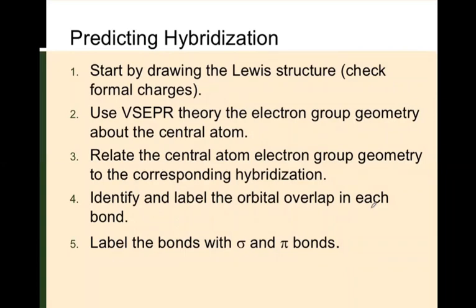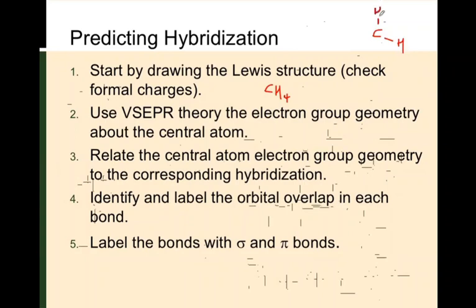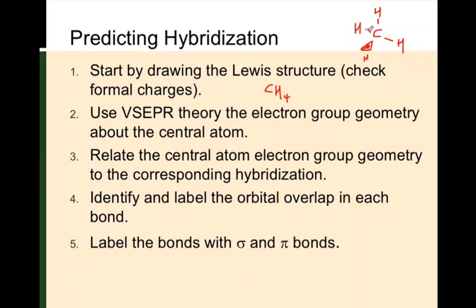So for example, for methane, CH4, we have carbon and hydrogens. We have 1, 2, 3, 4 electron domains.